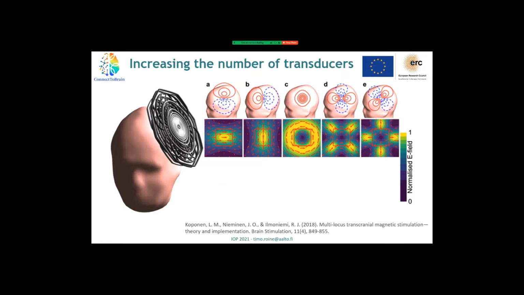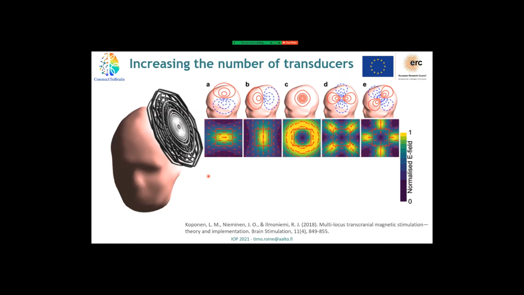So next, I will talk about how this multilocus TMS device is actually built. So our approach is to increase the number of TMS transducers by placing them over each other at the first stage, and later we will also be placing them adjacent to each other.